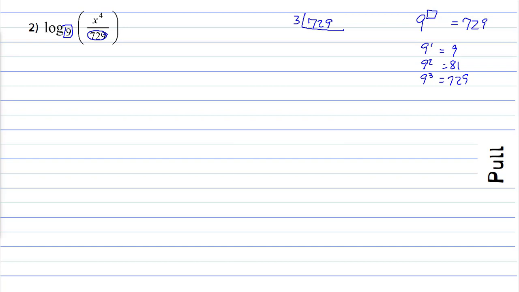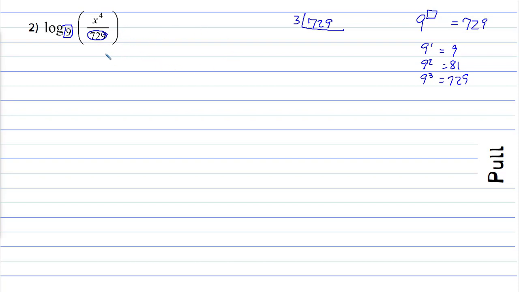And so since we have 9 cubed is equal to 729, I'm going to use that for this denominator. The reason I went with 9 again was because that base was 9. I could have done a similar idea with a 3, but I would have not caught that was 9 to a power. And so if you see that it's possible for this number, that's your base, to be that number raised to a power, always use it.